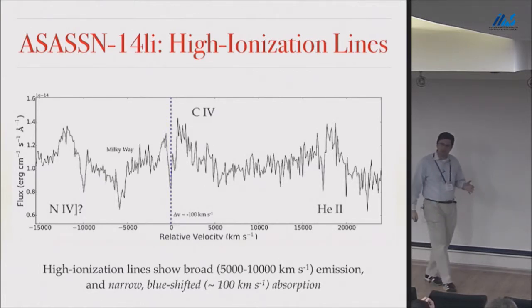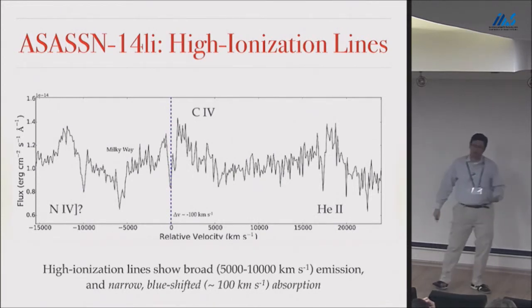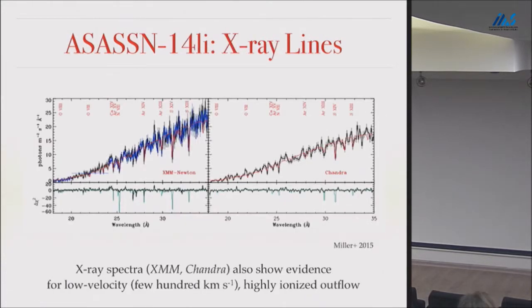Okay? And that might make you think of something interesting because, in fact, something very similar was seen in the X-ray spectrum for this source. These are high-resolution X-ray spectra taken by XMM on the left and Chandra high-resolution gratings on the right, slightly lower signal-to-noise. You can see that there are absorption features from very highly ionized material.